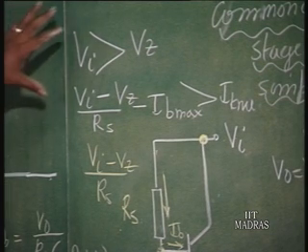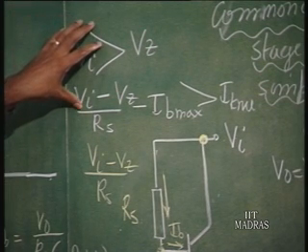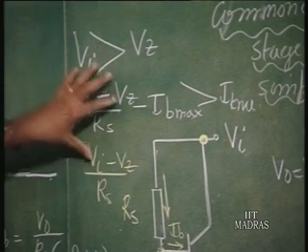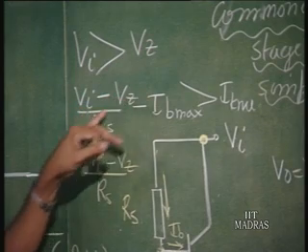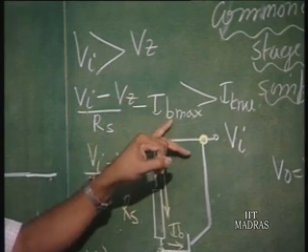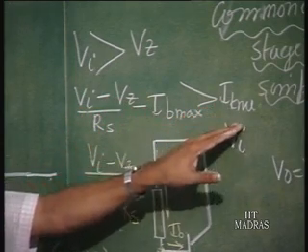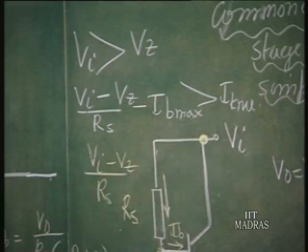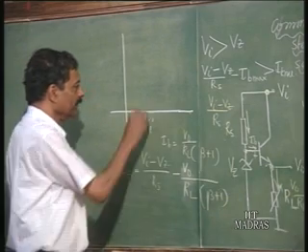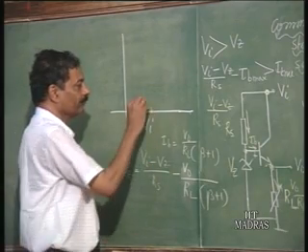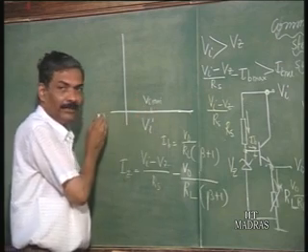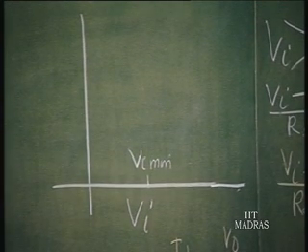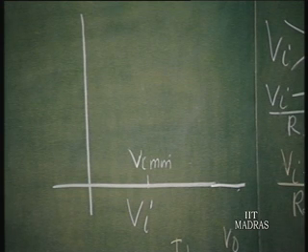So, V_I minimum comes from this fact that it should be greater than V_z obviously, and not only that, (V_I minus V_z) by R_s minus I_B max should be still greater than I_knee for the Zener. In such a situation we will come up with a certain V_I minimum, lower than which we cannot go.